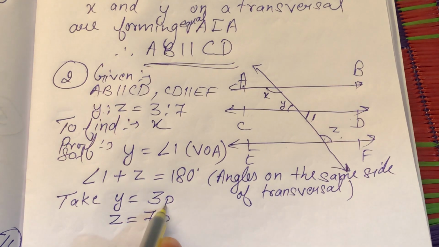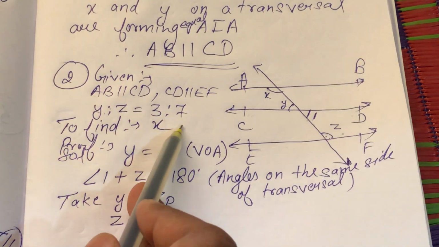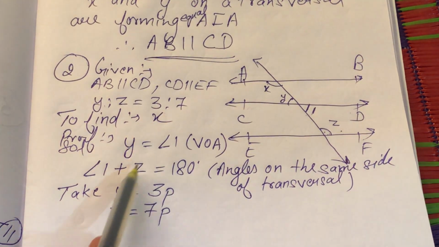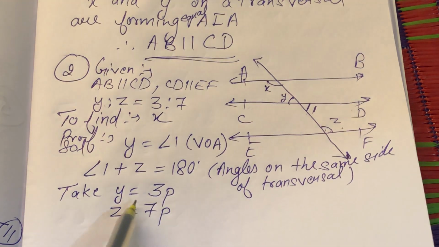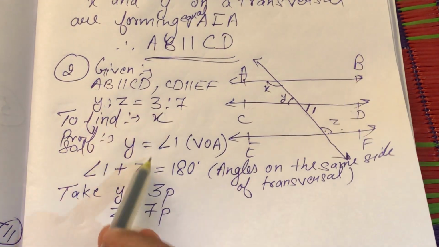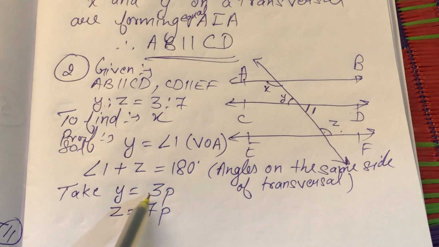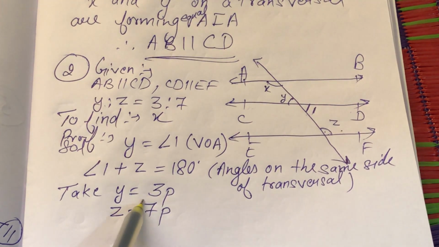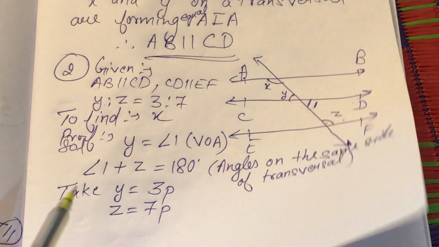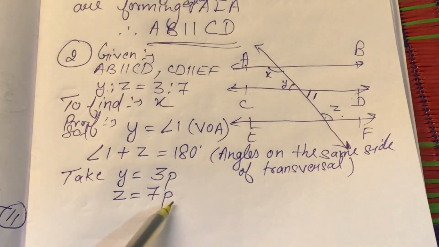We have to use a variable in ratio and proportions. We have learned that thing. If Y equals 3P and Z equals 7P, that means the ratio of Y and Z is 3 is to 7. You can cancel out P to P. So 3 is to 7 ही बचेगा ना? So that is the thing. We are using a variable.